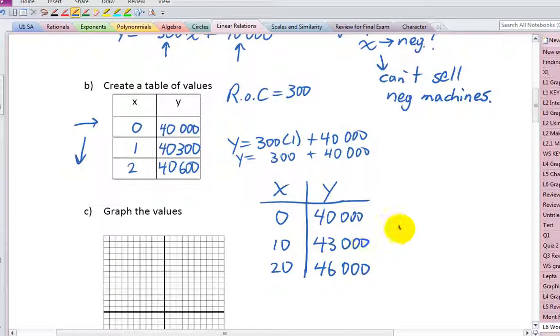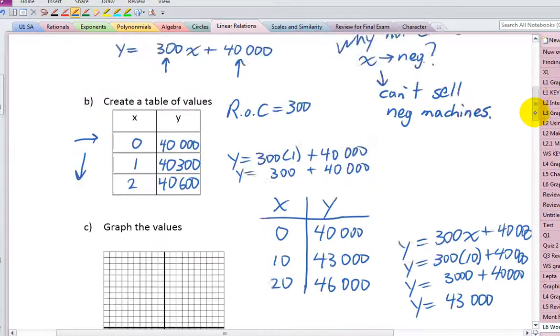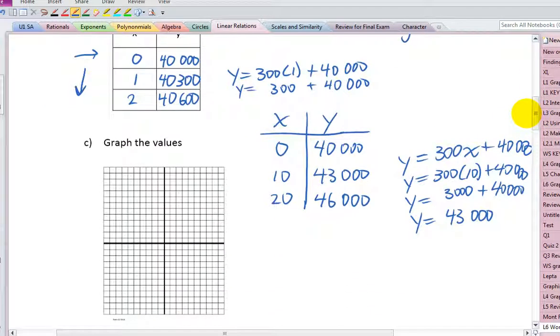Now you could check that by y equals 300x plus 40,000. Okay, so y equals 300 times 10 plus 40,000. So y equals 3,000 plus 40,000. So y equals 43,000. Okay. Now, got to graph it.